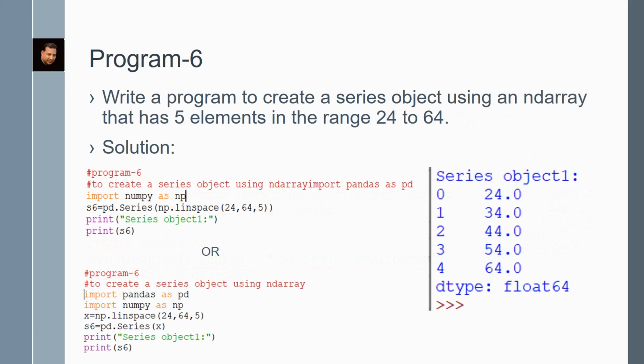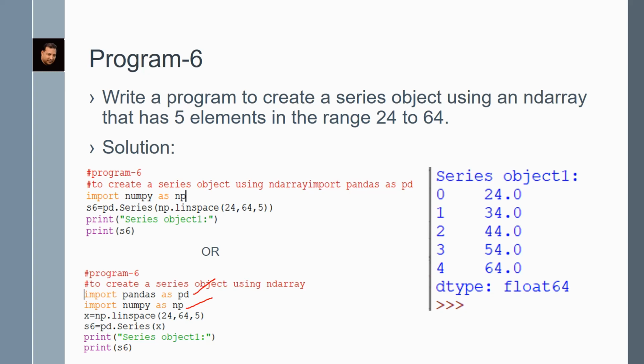Write a program to create a series object using an ND array that has 5 elements in the range 24 to 64. So here we are going to use linspace to create numbers between 24 to 64. So import pandas as pd, import numpy as np. Why we are using numpy?